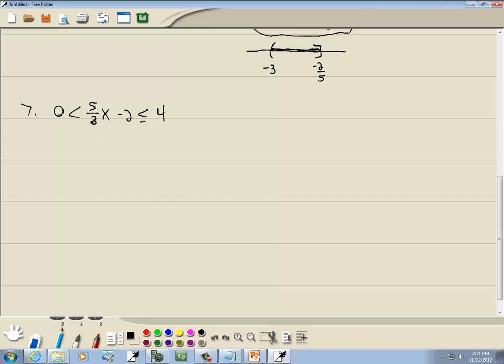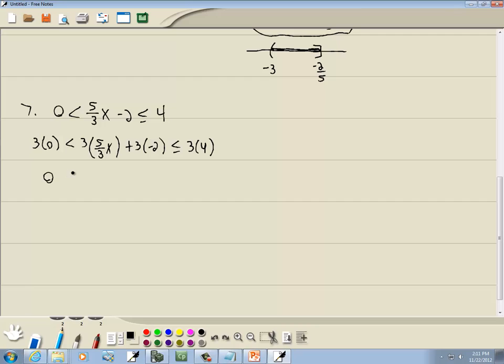I only have one denominator, the 3, so that's our LCM. So multiply everything by 3. Now when I say everything, I'm talking about what's separated by pluses, minuses, and inequality symbols. So multiply 0 times 3, the 5/3 x by 3, the negative 2 by 3, and the 4 by 3.